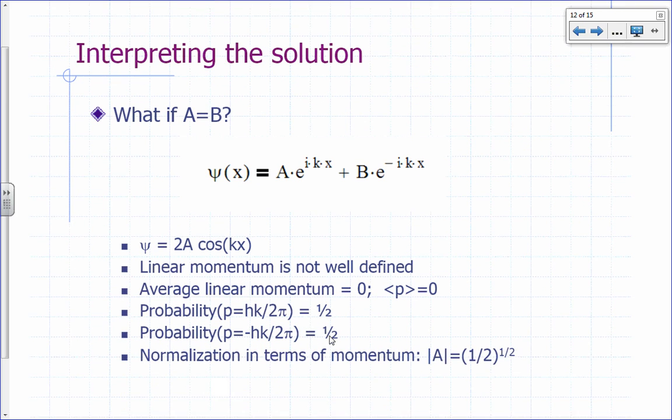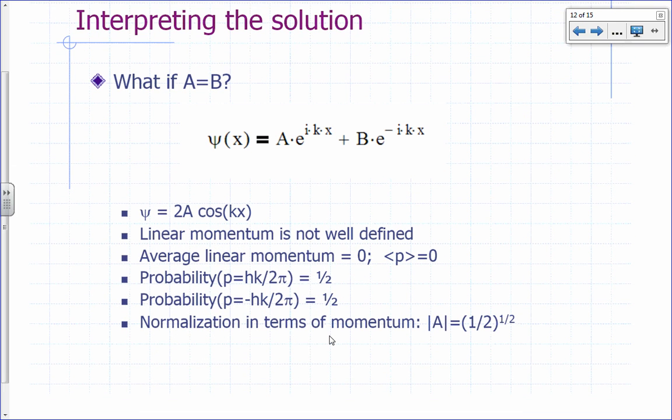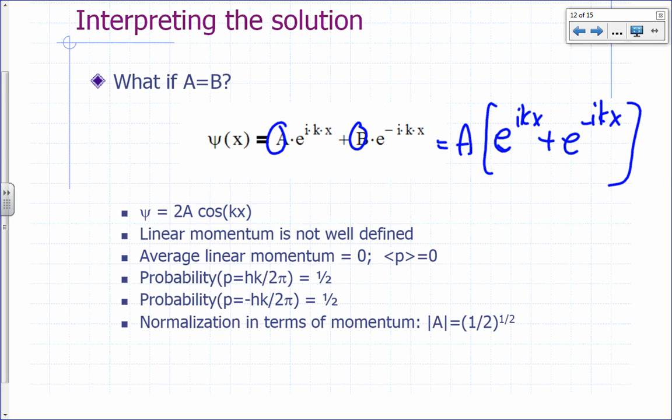Now, what if A equals B? What would happen? If A equals B, I can factor it out, right? So A times (e to the ikx plus e to the negative ikx). You've seen this before lots of times already in the Euler formula. What is this?